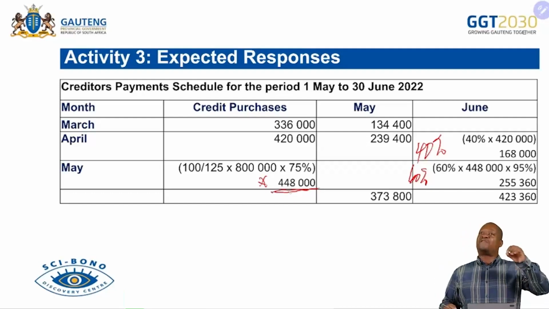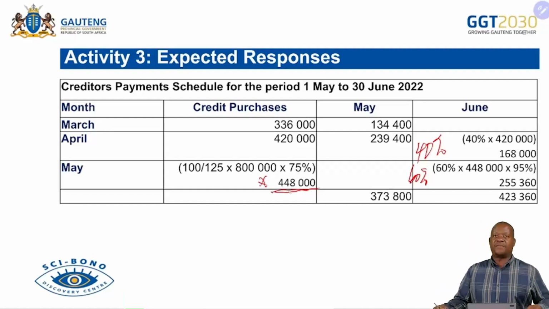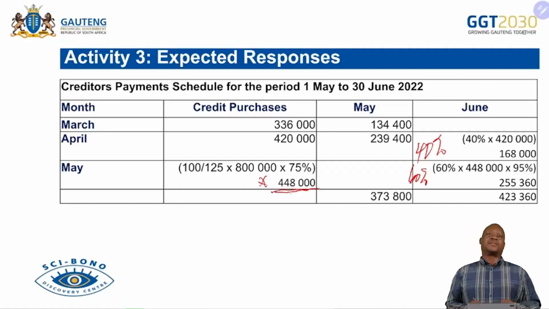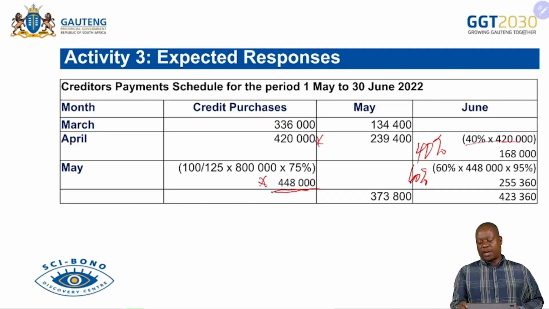Because there's a 5% discount. It gives us 255,360. We go to the June-April intersection, 40% to be collected there. 40% times the 420,000.